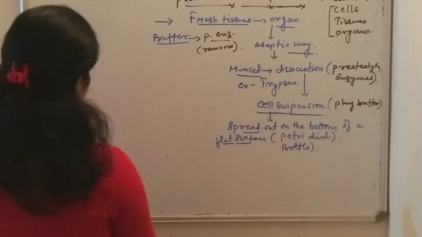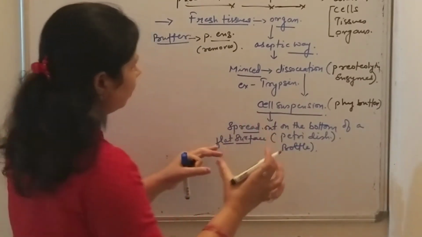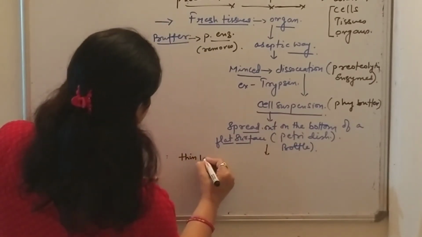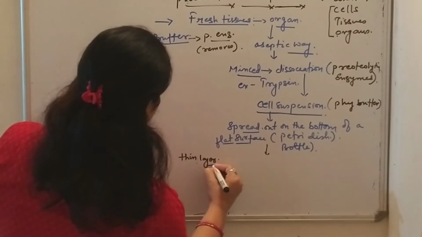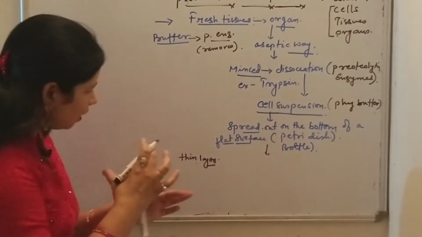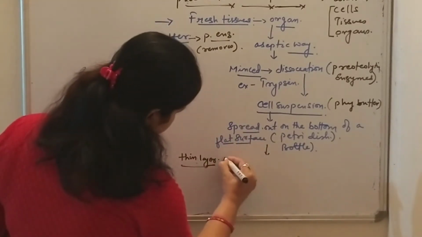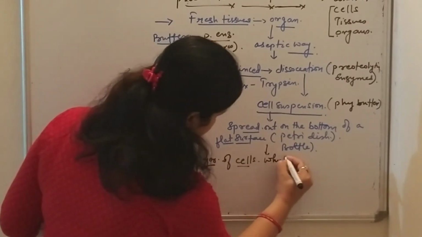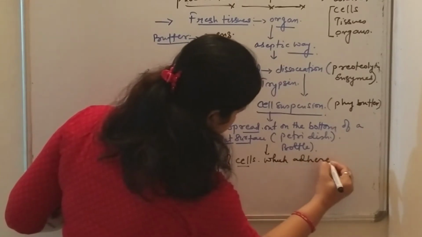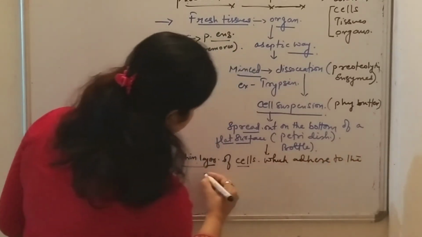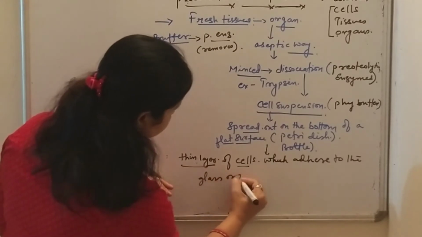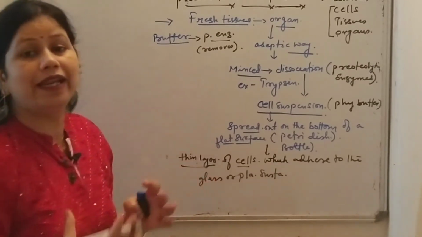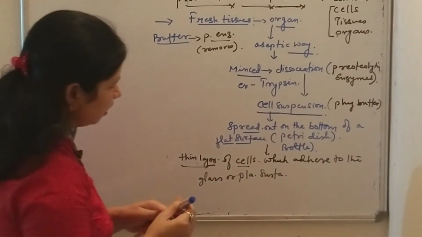After that, the thin layer of cells adheres to the glass or plastic surface, which is overlaid with a suitable culture medium.